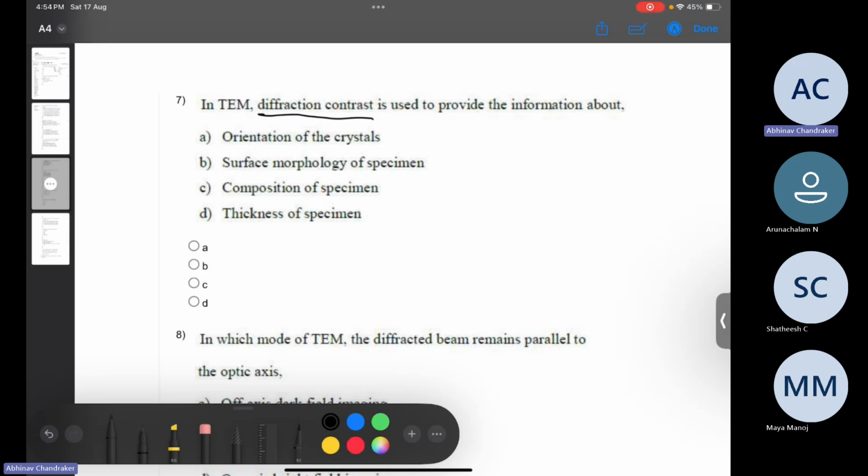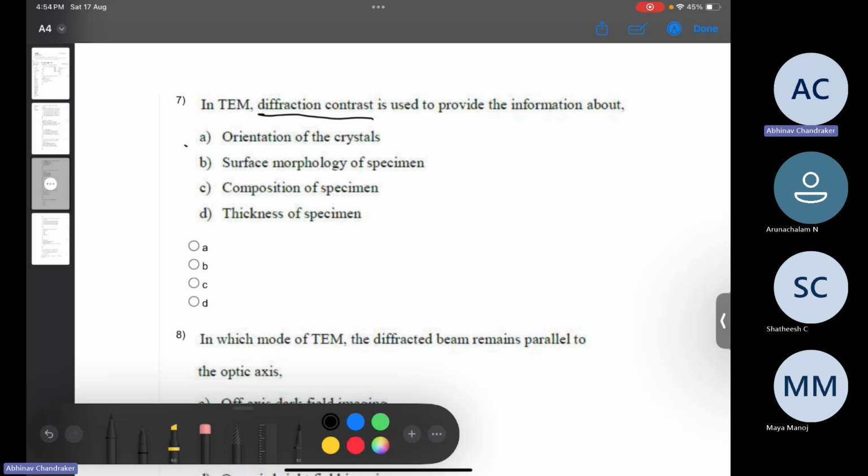In diffraction contrast, we have a diffraction pattern which gets generated. I showed some of the images of it in the lecture slides. From those images, we can get information related to the atomic planes present in the region of interest, which are leading to the diffraction.